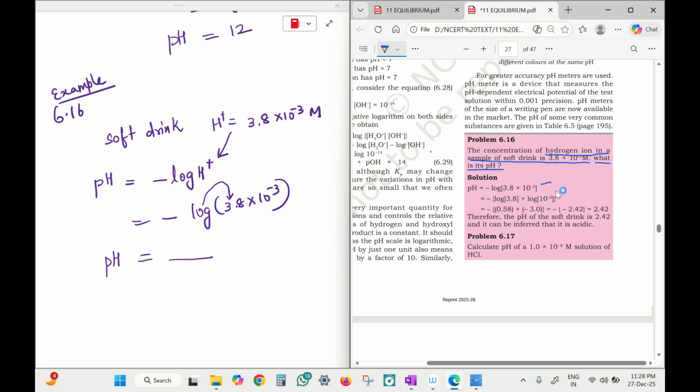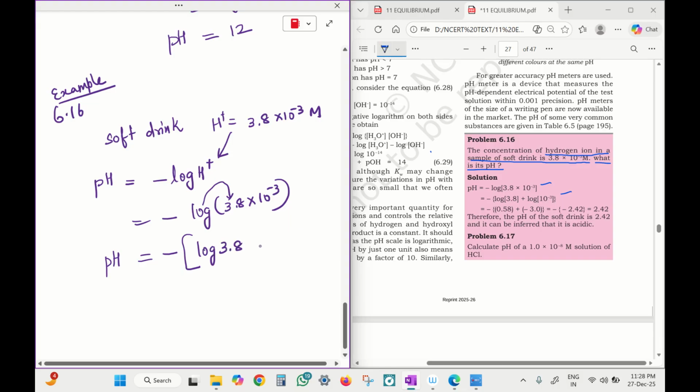So you can see some steps written. I'll try to explain that also. Let us apply this: negative of log of 3.8 plus log of 10 to the power minus 3. We know that log of A into B is log of A plus log of B, and log of a to the power x will be x log a.